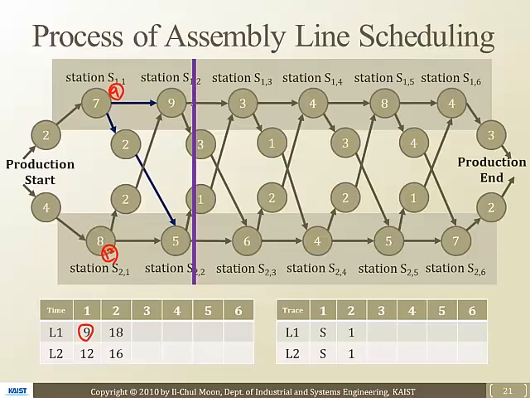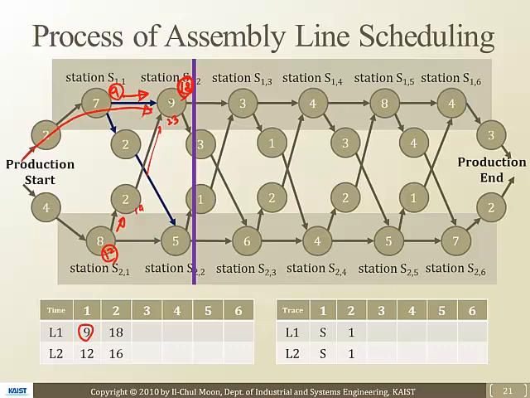It might come directly like this, making 18 minutes, or the other way is that this 12-minute product here might come over, 12 plus 2 plus 3, 17. Of course, 18 would be our best choice.